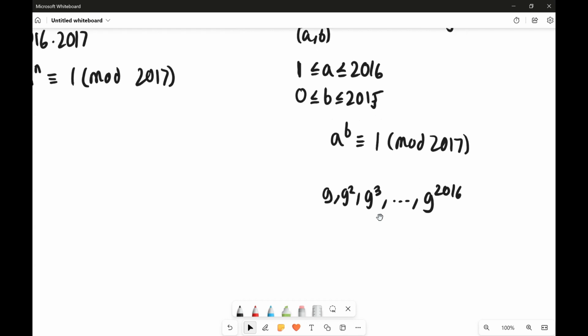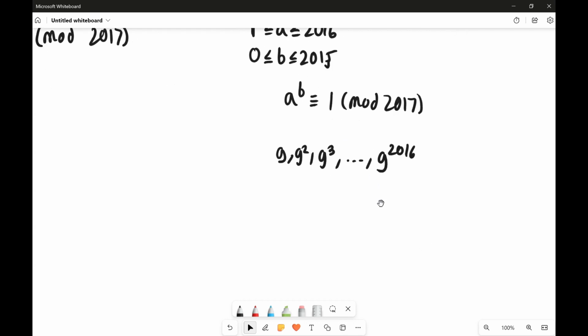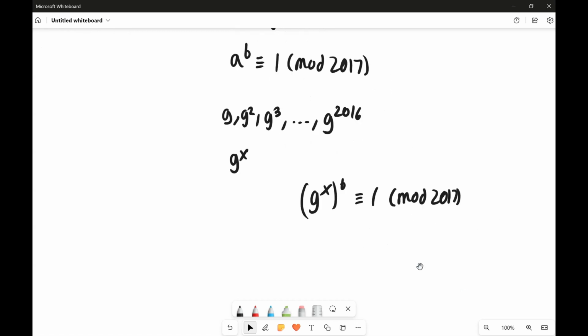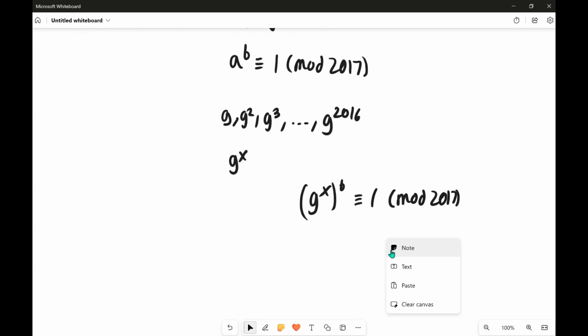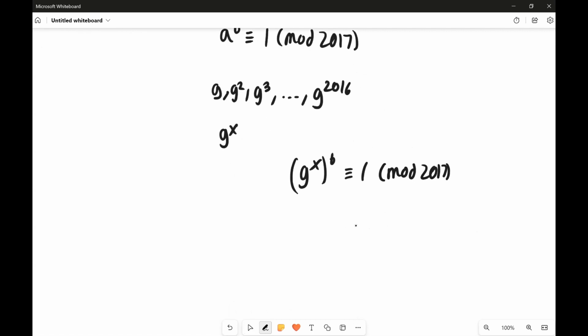So now let's find out what values of B work for these. Suppose we have G to the X. Then G to the X to the power of B is equivalent to 1 modulo 2017. But from what we discussed earlier, this means that the order of this must divide B, but the order is just p minus 1, which is 2016 in this case, divided by the GCD of X and 2016.